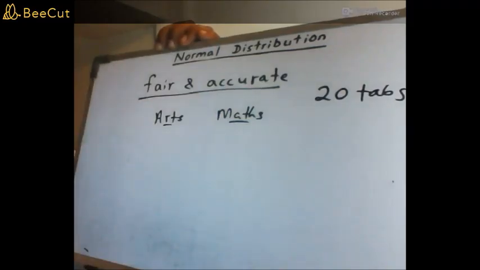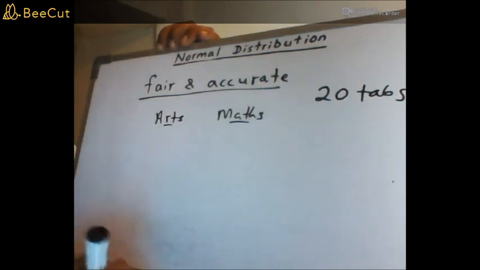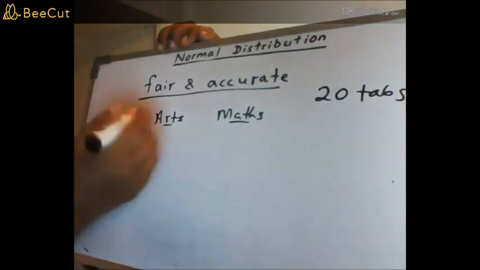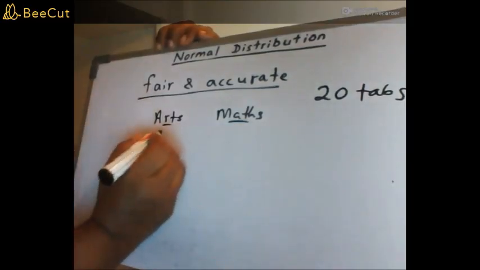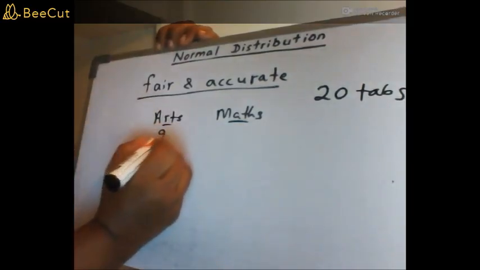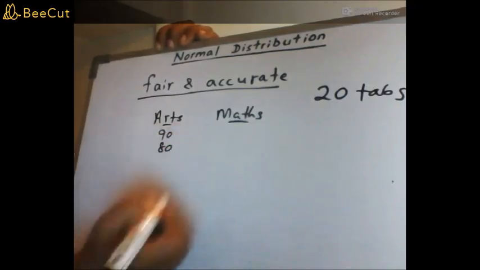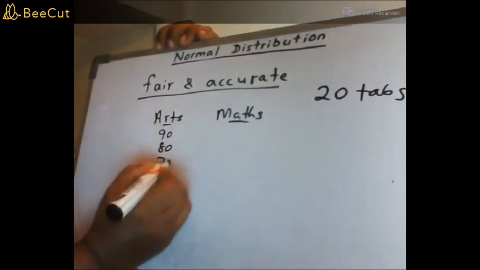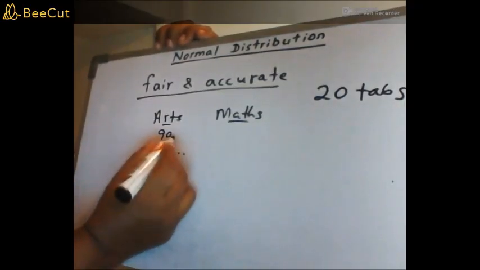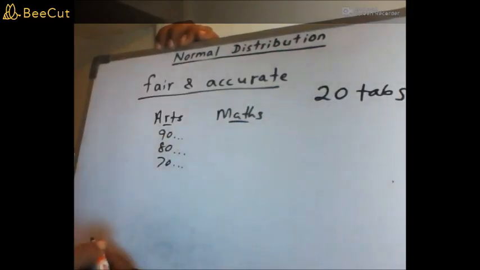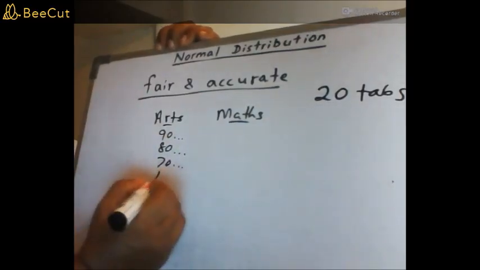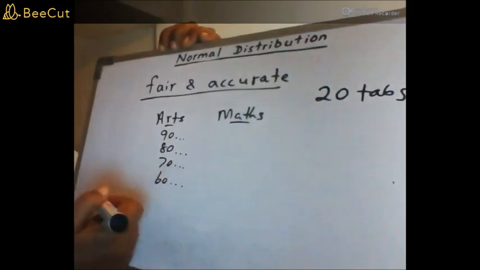And now we want to give these 20 tabs to the students who have performed well. So we take the raw marks, we give tests and get the marks. Now the arts stream students, this class, they have got, we'll say 90s, 80s, 70s, 80s, 90s. Then some will get 60s also.